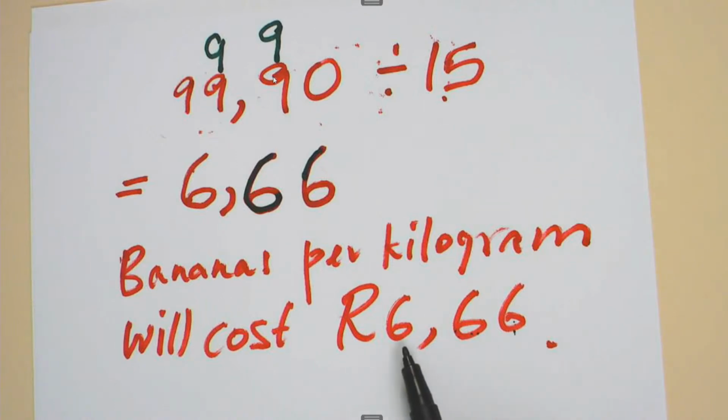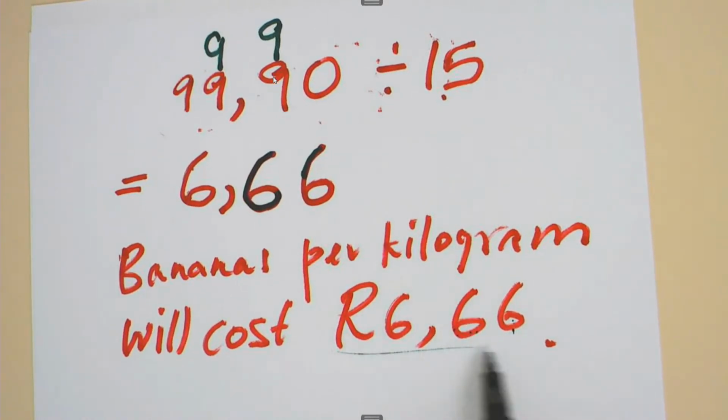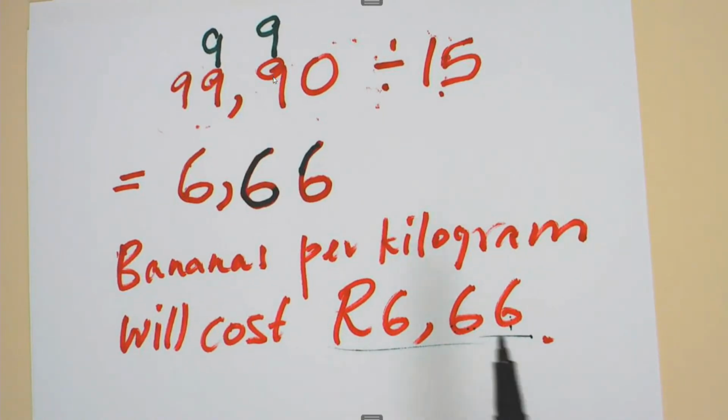But because it's money, we know that money will always be in 2 decimal places. That's why we are having 6 rand 66. And you see that the popular one with us grade 7s is always rounded off to the nearest 2 decimal places. Good.